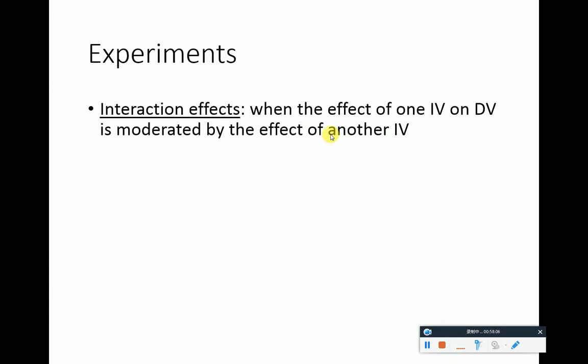You might say, well, that sounds familiar because I seem to recall we've talked about moderation in a previous class. You're right, and that's when we discussed the different types of relationship between two variables or more.